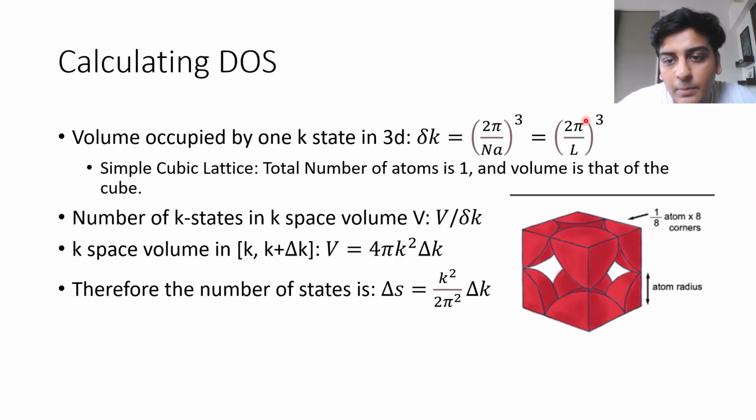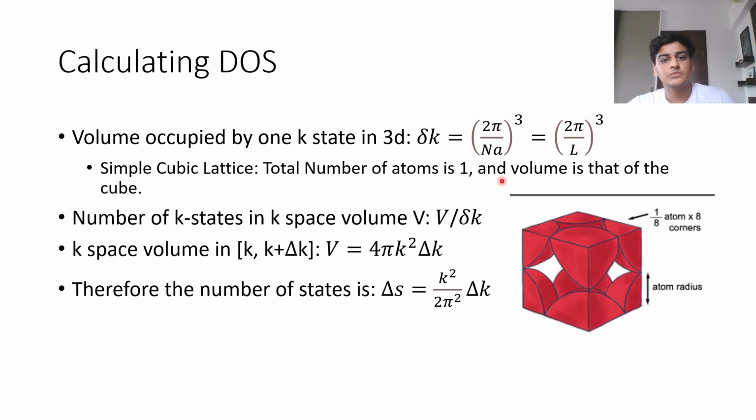So it's just 2 pi by L cubed, where L is the total length of the lattice, for example. Now, because I know that N times A is L, because there are N atoms and the spacing between each atom is A, the distance between any two K states is 2 pi by Na. And the claim is that the volume occupied by any one K state is just this cube.